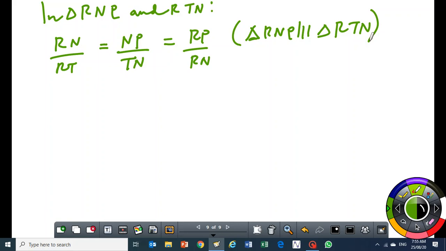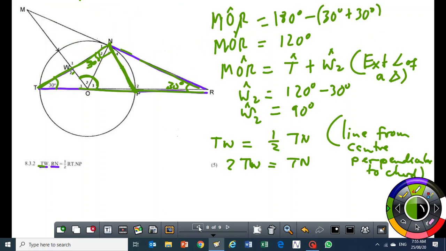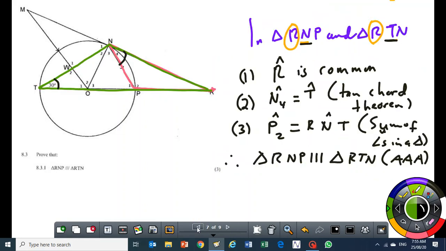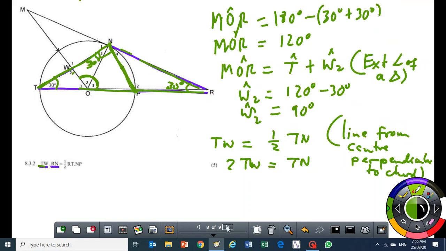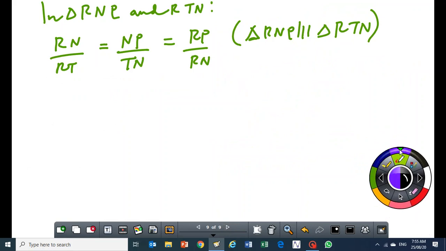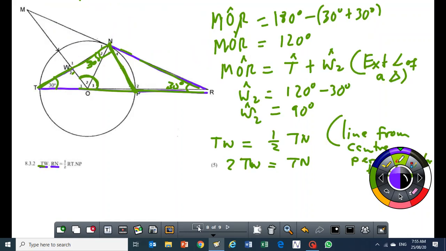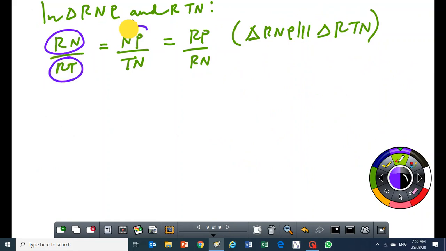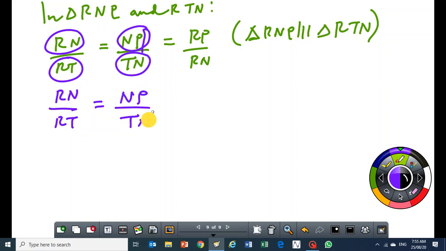Now, I'm sure you can see that these 5 marks had nothing to do mainly with proving that the triangles are similar, because we had already done it in 8.3.1. So, to show that W2 is equal to 90 degrees is a major part of the question. We want RN, we have got RT there, we need NP, and we also need TN. So I can write RN over RT is equal to NP over TN.